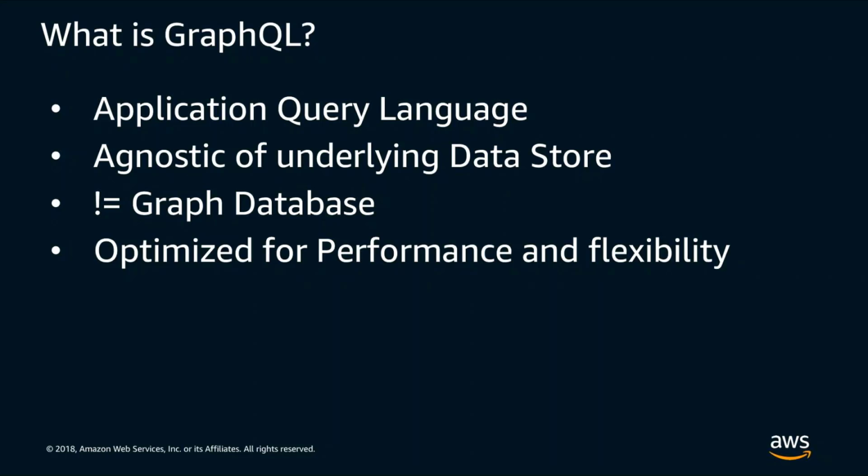It's important to note that it is not a database by itself, and it's definitely not a graph database. And the most important part about GraphQL is that it's optimized for performance and flexibility and client-side development.